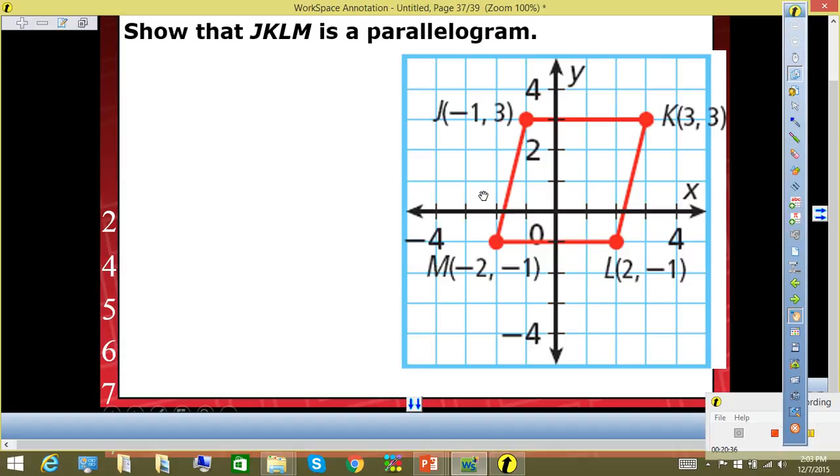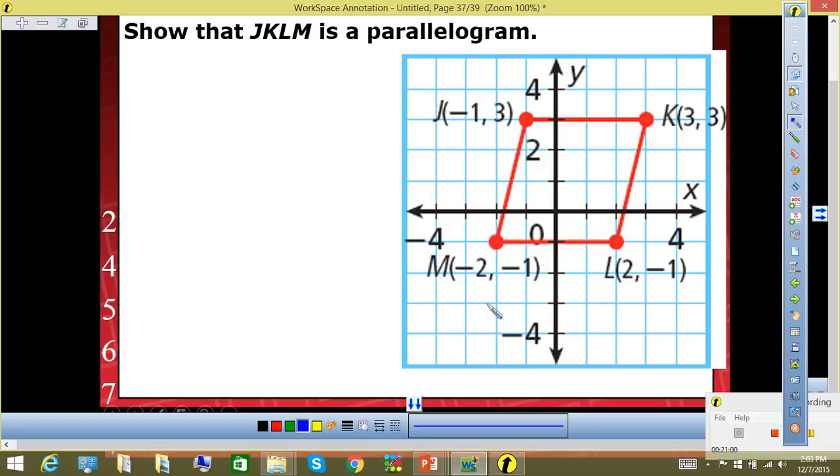To prove or to show that this is a parallelogram, the definition of a parallelogram is that the figure has to have two pairs of sides that are parallel to one another. So that means we need to prove that this side is parallel to this one. What can we do to find out if this one is parallel to this one?